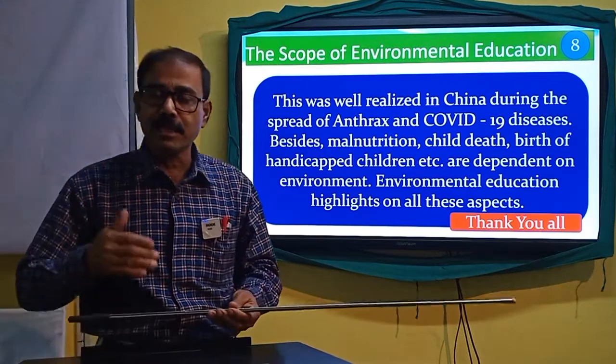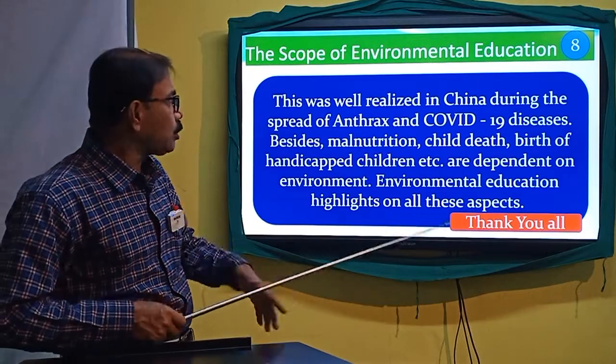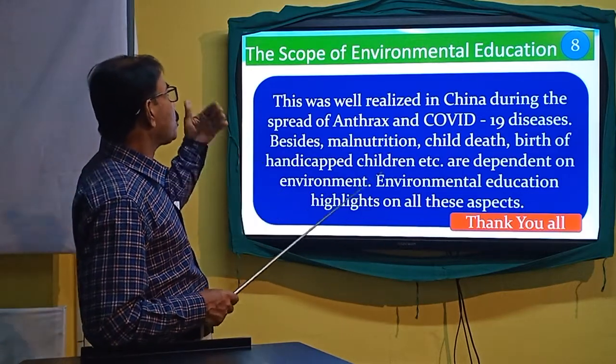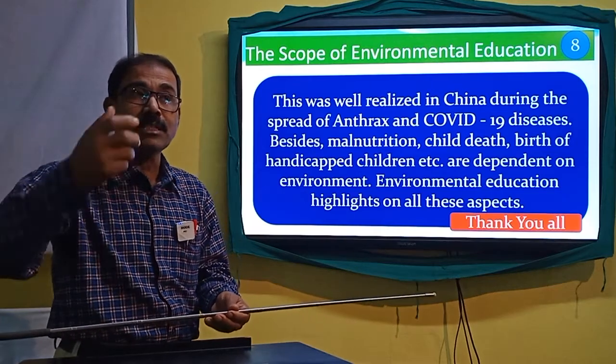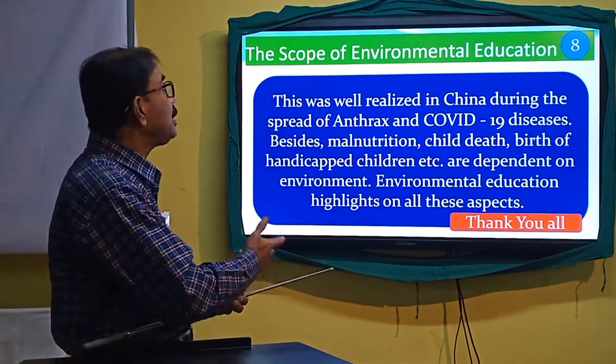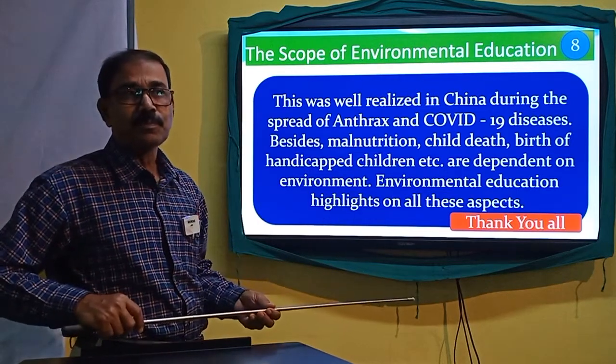By discussing all the specific points which link with the scope of environmental education, we can understand holistically the significance of environmental education.